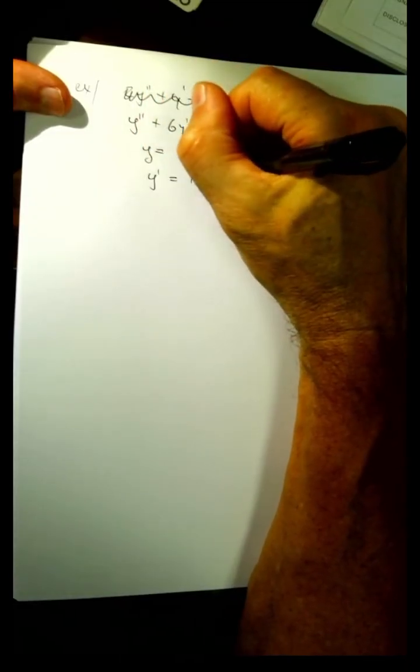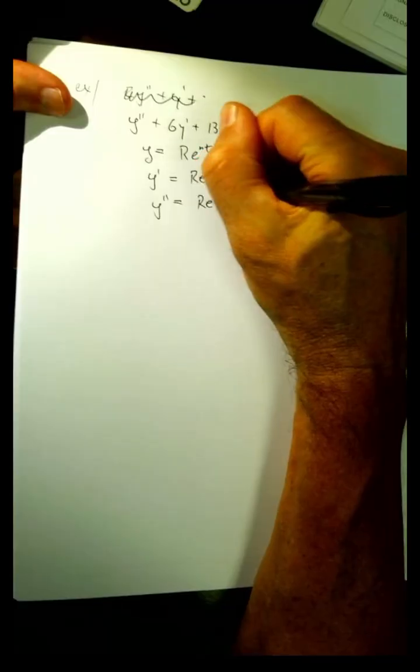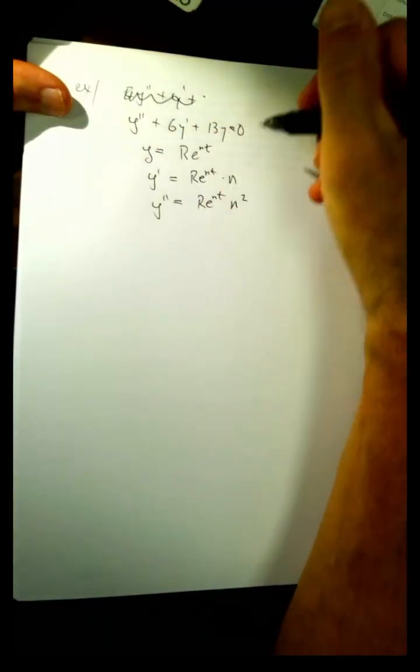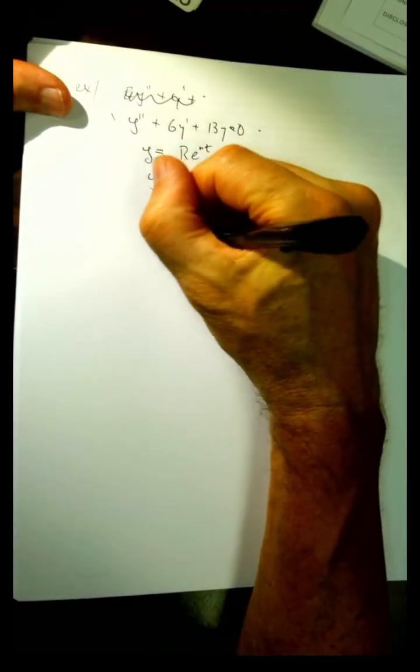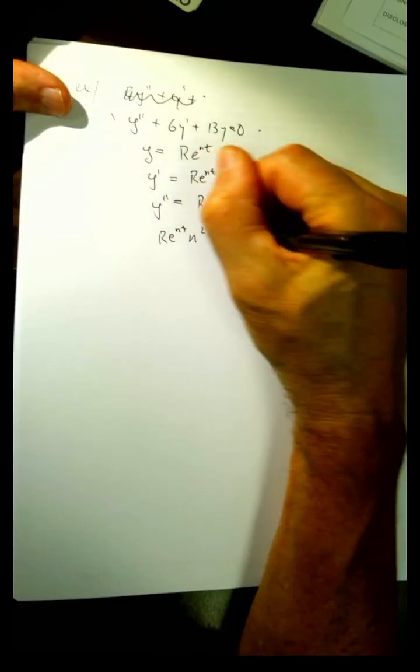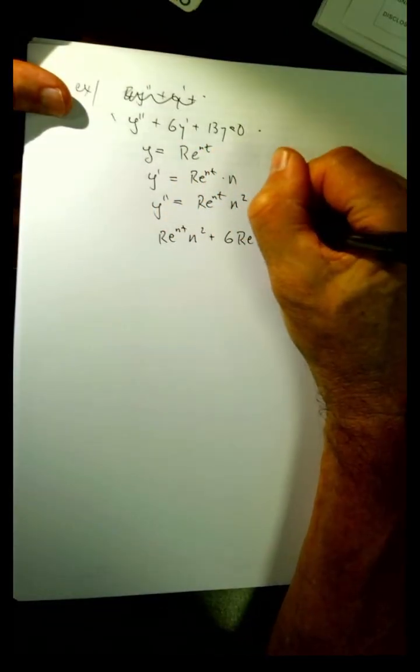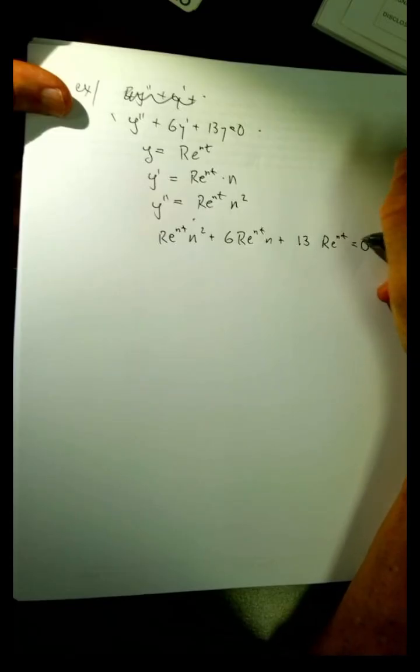So my y prime is going to be the same thing times n. Second derivative is going to be the same thing times n squared. Plug this into the original equation. So I have y double prime plus 6y prime plus 13y is 0.